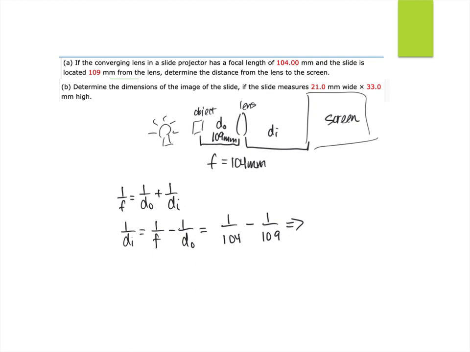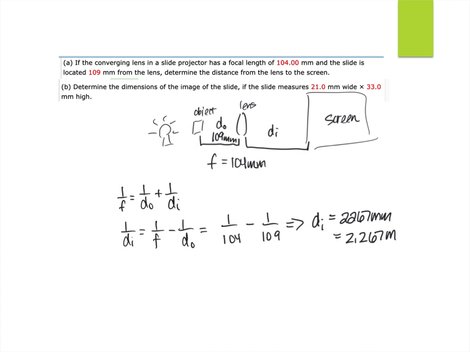So this one I couldn't do my fancy adding fractions, I just sort of reverted to doing a calculation. If I do that, I find the image distance of this is 2,267 millimeters, which might be more useful to write as 2.267 meters, even though I probably have to stick with millimeters to do my calculations.